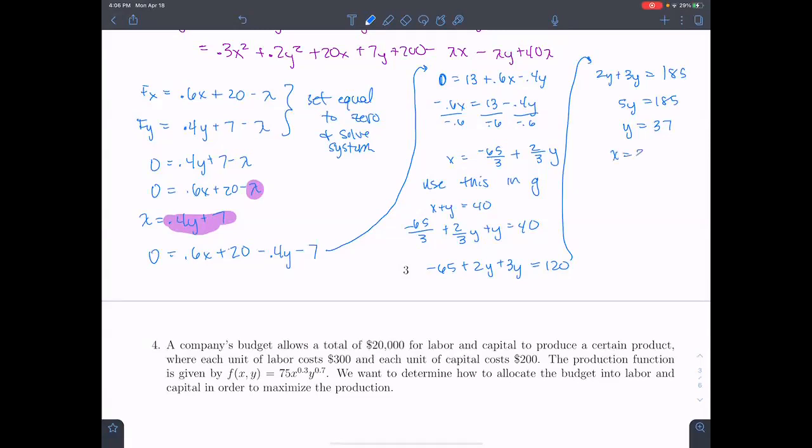That means that x is 3. Does that work? Negative 65 thirds plus 2/3 times 37. What is 37 times 2? 74 divided by 3.